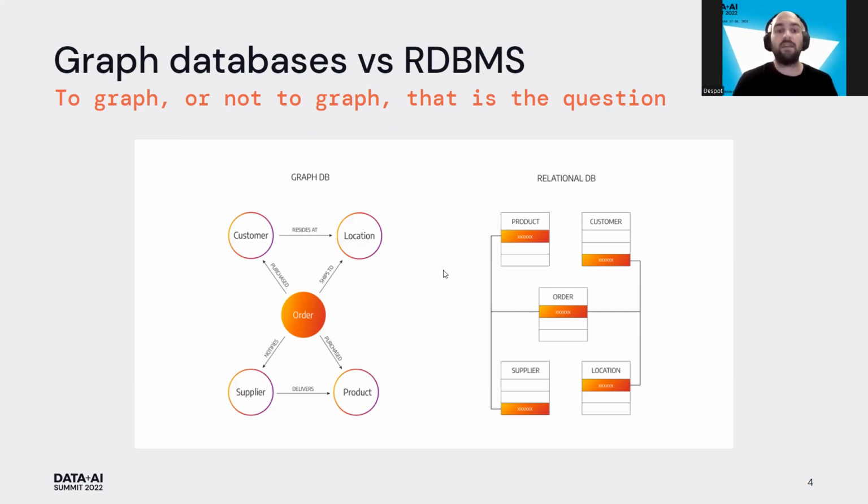For example, graph databases are usually schemaless, unlike relational ones, where you have strict table definitions. In graphs, a node with the label customer can have one set of properties, while another customer can have a completely different set of properties. If you want to enforce a schema, you have to do it outside of the graph databases. There are some constraints you can enforce, but this is not considered a schema in general.